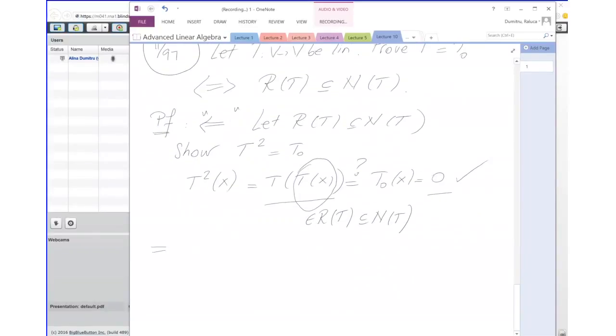Okay, backwards. So I'm going to start by assuming that T composed with T is T0. And now I want to show that the range is a subset of the null space.